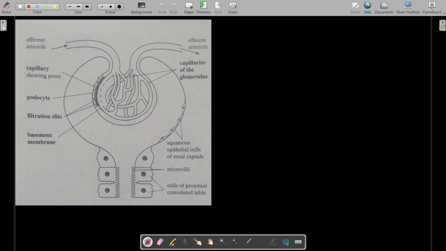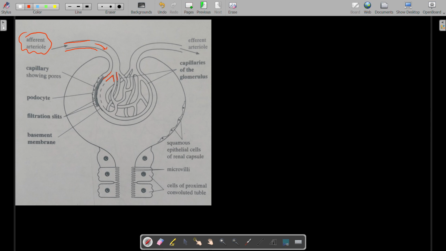If you check out this artery here, it's actually a branch of renal artery, and this is what we call afferent arteriole. This arteriole, which is a branch of renal artery, itself a branch of dorsal aorta, brings oxygenated blood into this mesh of capillaries.